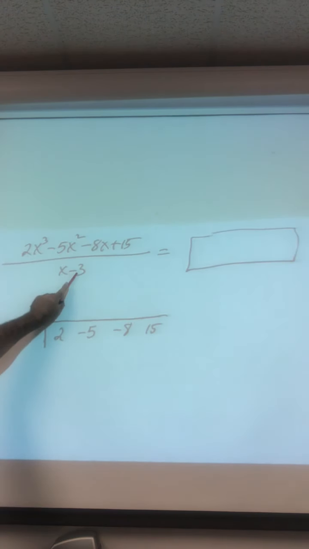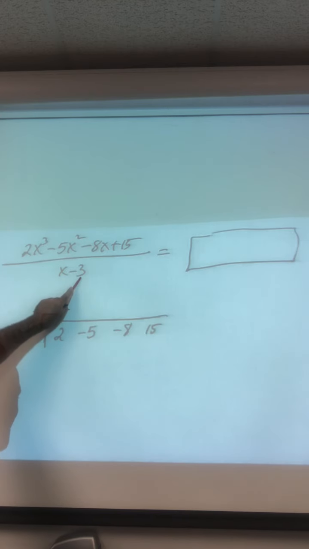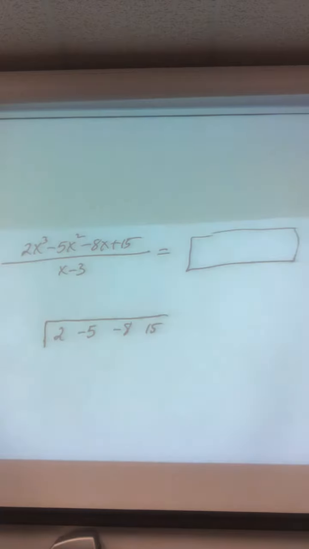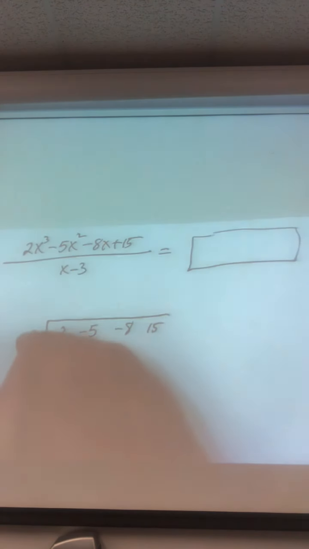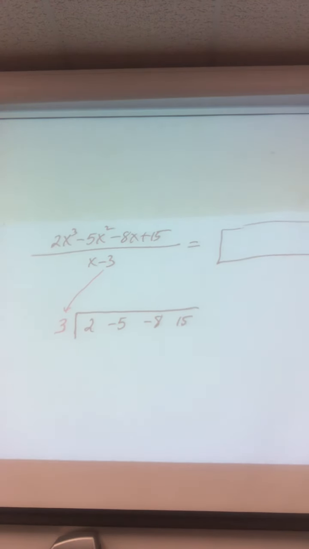Whatever is behind this x, take the opposite of that. So this is x minus 3. So right here, put a plus 3. And I said you don't have to put a plus in front of it. So just put 3 right there.